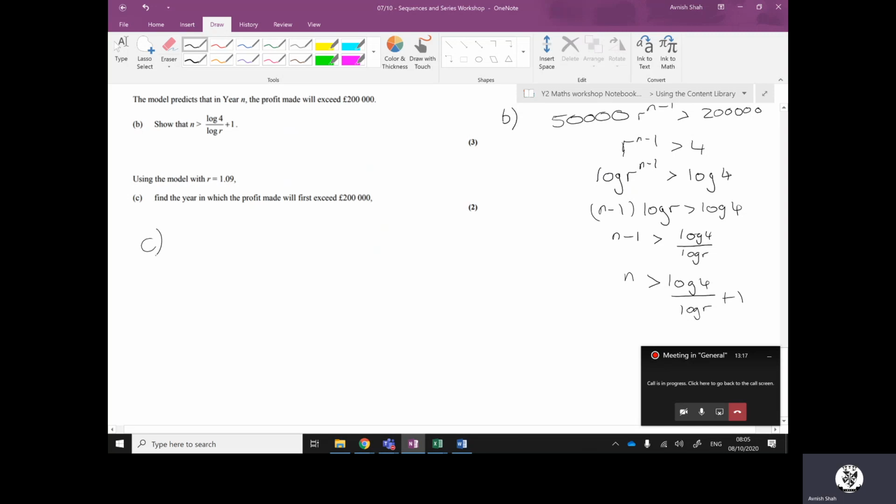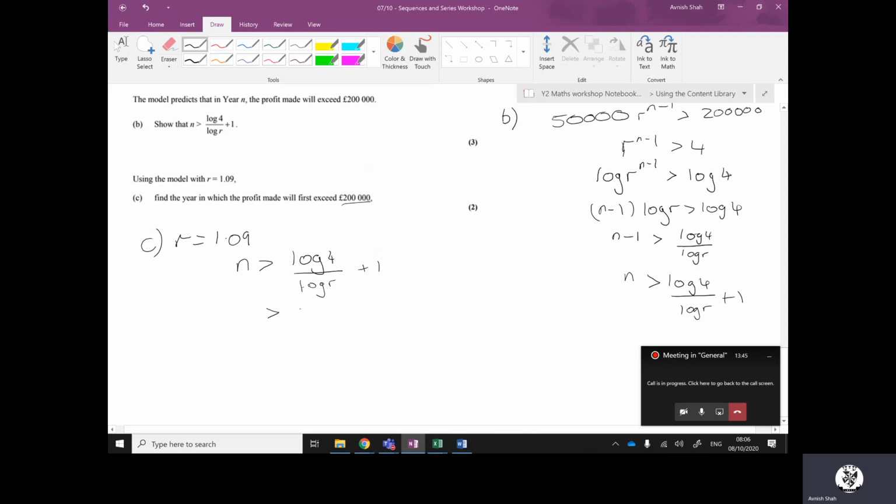Then finally, in part C over here, it says, using the model with R equals 1.09, find the year in which the profit made will exceed 200,000. So we're actually solving this equation that we showed in part B. And even if you didn't show it, you have the answer, because to show that, you already know what the answer is.